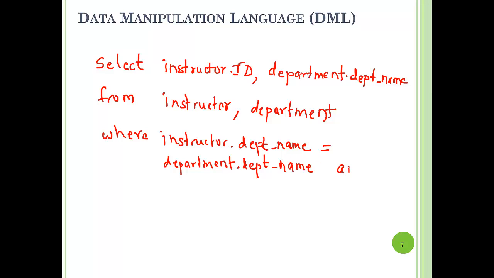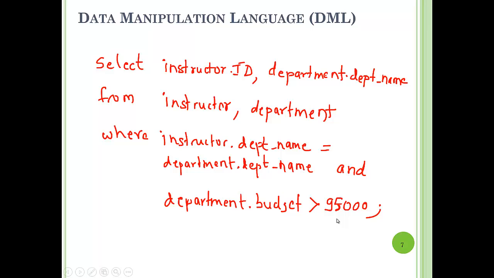Now I'm using here the logical AND operator because I want both the conditions to be true. Department dot budget greater than 95,000 and end of the query.